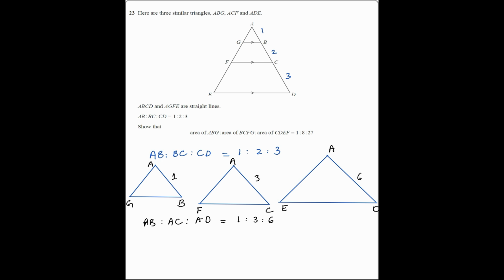And if you consider CD also, 1 plus 2 plus 3 is 6. So AB is to AC is to AD equals 1 is to 3 is to 6. So the area ratio would be 1 squared is to 3 squared is to 6 squared, which will make it 1 is to 9 is to 36.